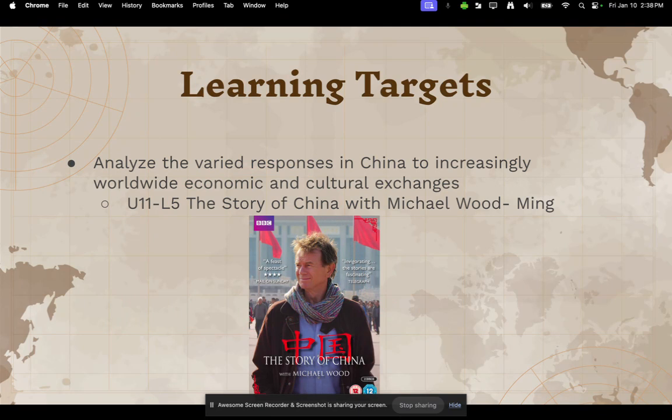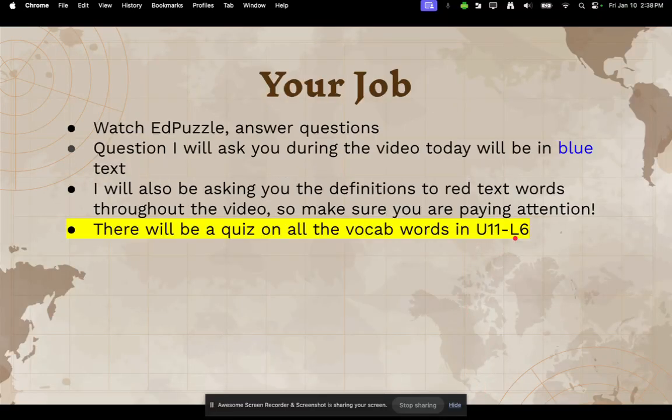Good question. When we usually think about the age of exploration, we think about Christopher Columbus and all the other European explorers, but China also had an age of exploration during this time period. Michael Wood, the narrator who travels throughout China, is going to talk about the Ming Dynasty and their explorations.